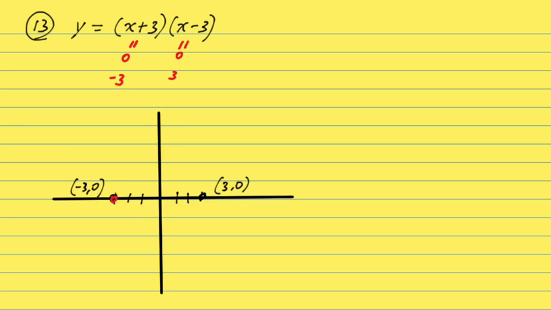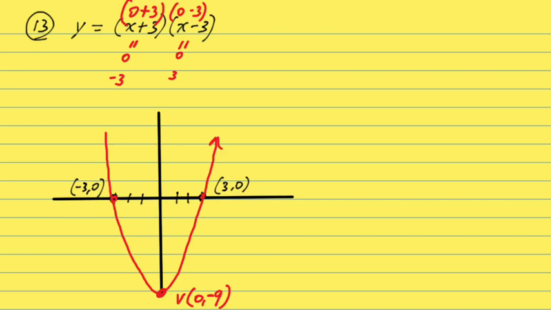Exactly halfway between them would be 0. If you put in 0, you would get out a -9. So I know the vertex is going to be down here at 0, -9. And it's going to be opening upward because the A is positive.